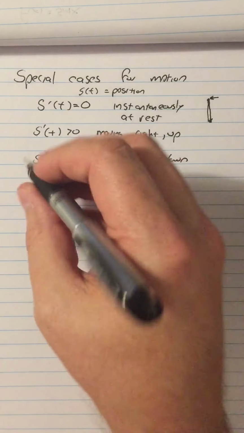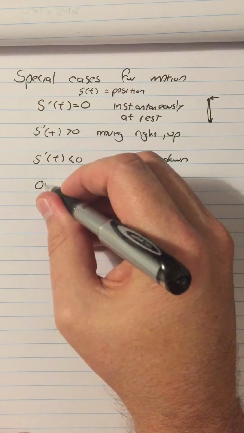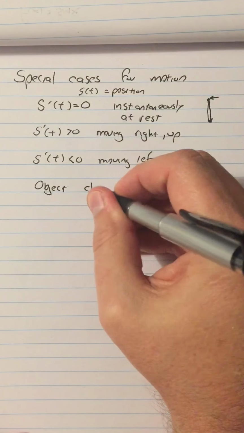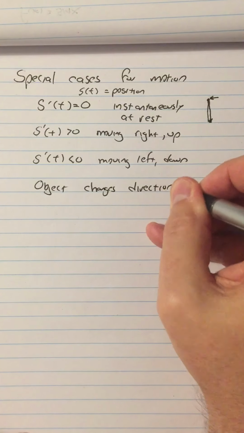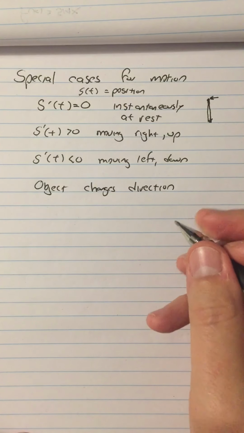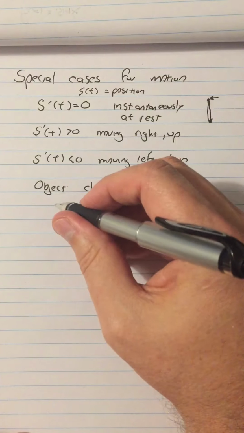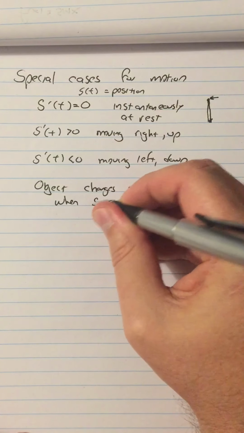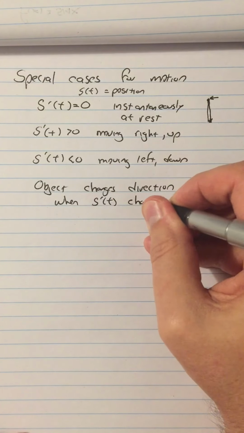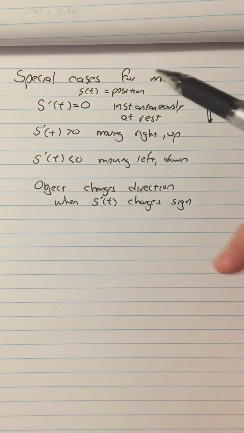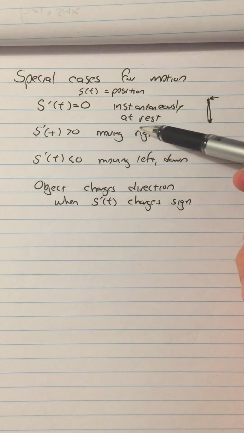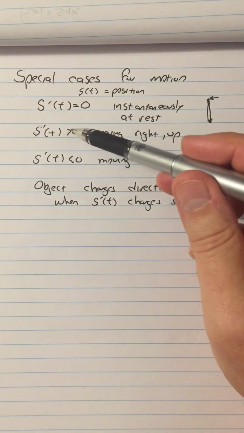All right, so another important thing is that the object changes direction. They love to ask about objects changing direction, and it's an important question, okay? So an object changes direction when S prime of t changes sign, all right? So if you're moving right, your velocity is positive.